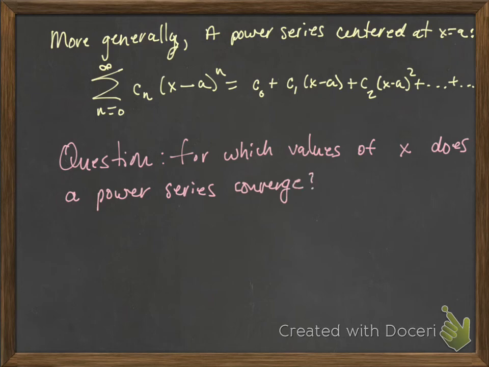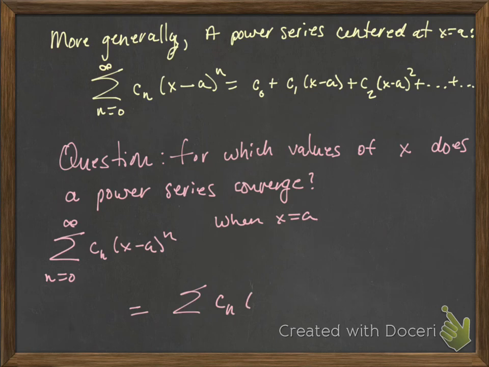Well, one thing I want you to notice, let's look at our general form. If we have the sum from n equals 0 to infinity of c sub n times x minus a to the n, without knowing anything else about those coefficients, which really makes or breaks our convergence, note that when x is equal to a, this series becomes the sum of c sub n times a minus a, or just 0, right?